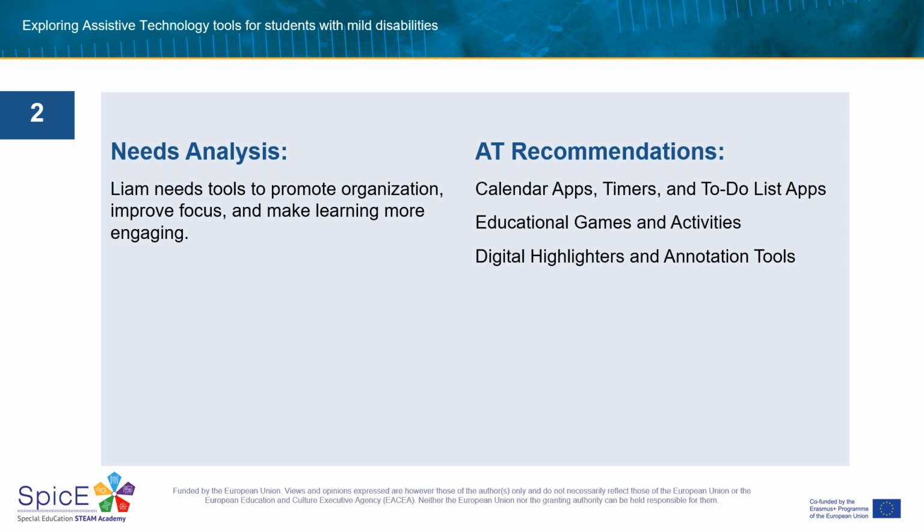Recommended assistive technology tools can be calendar apps, timers, and to-do list apps. These tools can help Liam stay organized with his schedule, break down assignments into smaller tasks, and send reminders to stay on track. Educational games and activities.